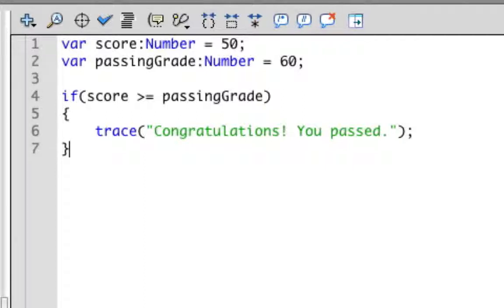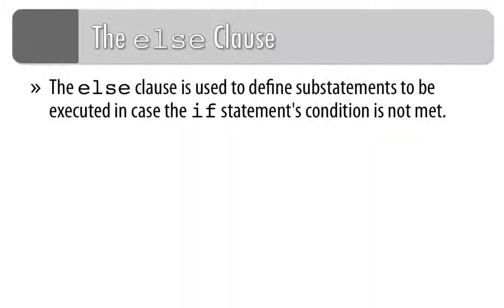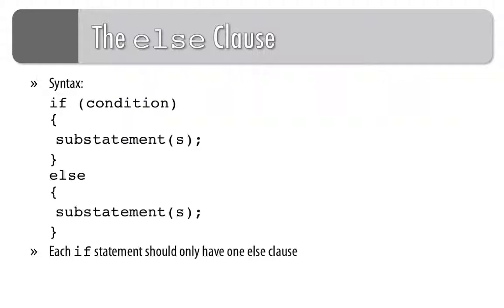For example, if this condition isn't met, then we could still respond with a different message, something like, "Sorry, you need to study harder." If we wanted to do that, then we can add an else clause.